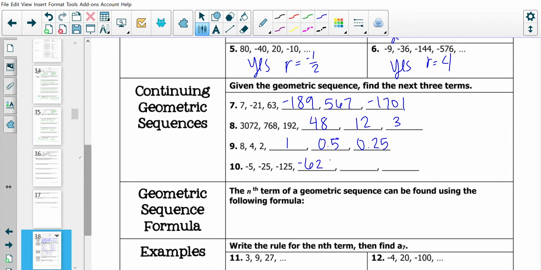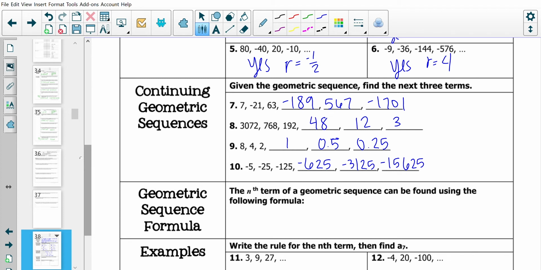Negative 625 times 5. Negative 3,125. Good. And times 5? 15,625. Read it like a big kid. I don't put commas, so it really confuses me.